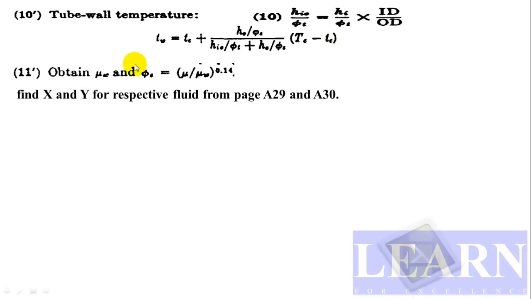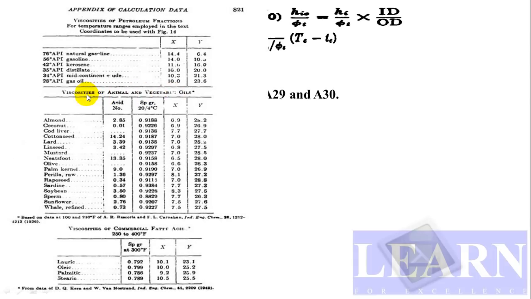So in order to find the value of mu W, we need to again find the values of x, y. Similarly to how we calculated for mu, we need to take the values of x and y from figure pages A29 and A30. This I have shown you. If the fluid is kerosene, we can take the values of x and y as like 11 and 16. If the other fluid is like mid-continental oil, crude oil, then we can take the values as 10.3 and 21.3.